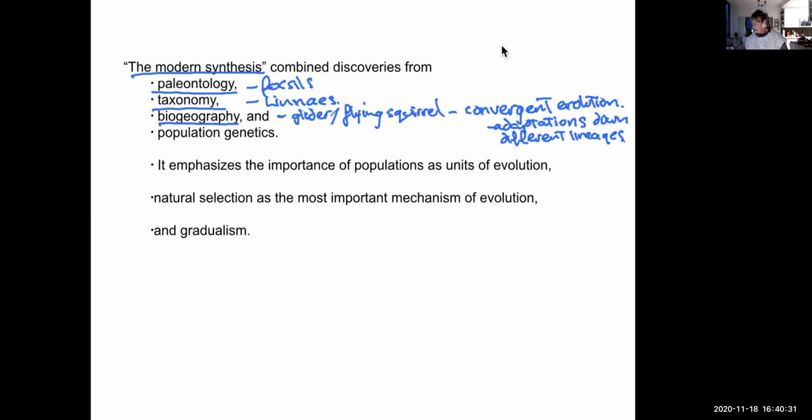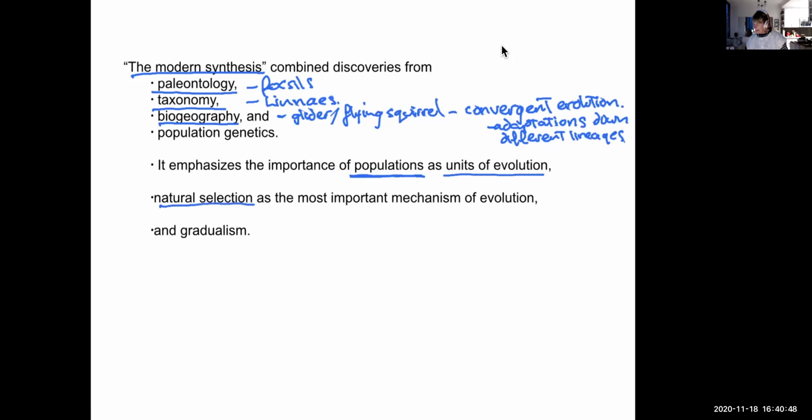So the importance of population genetics is that populations are the units of evolution. And that's because we're looking at a population being of the same species.